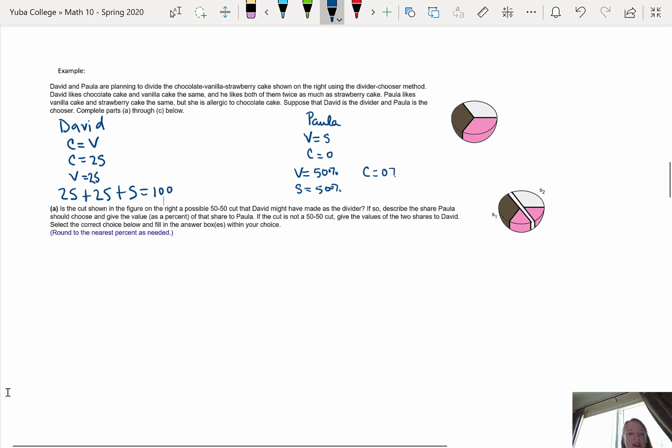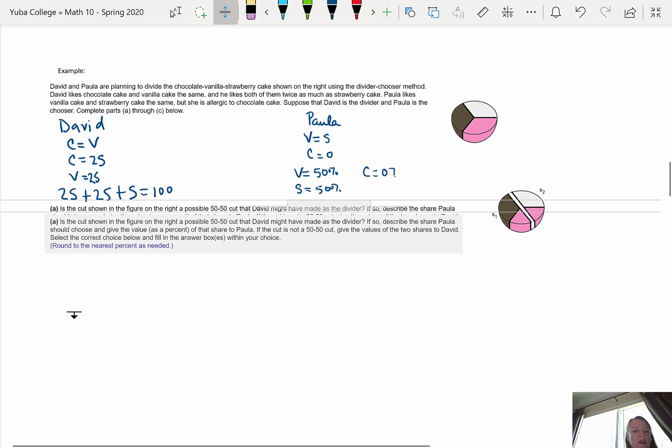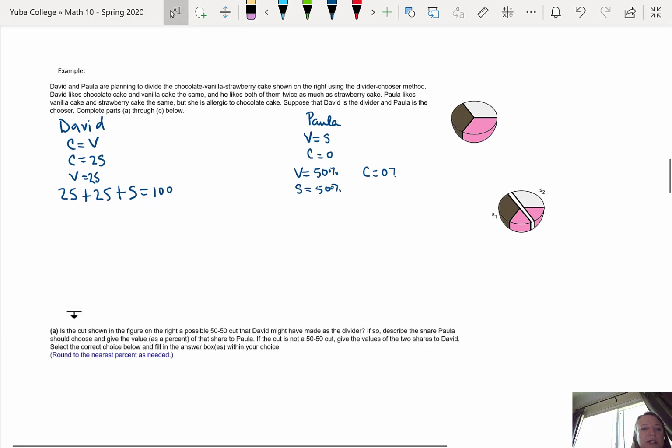If I sum that together, I get 5s equals 100. So s is equal to 20%.